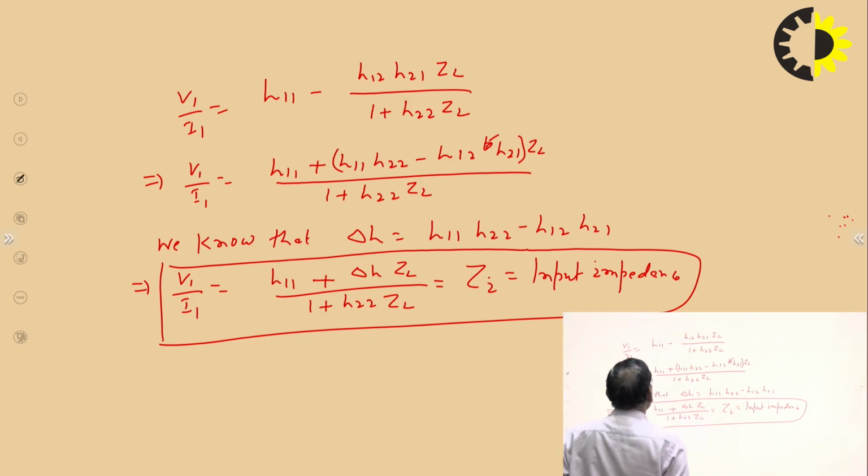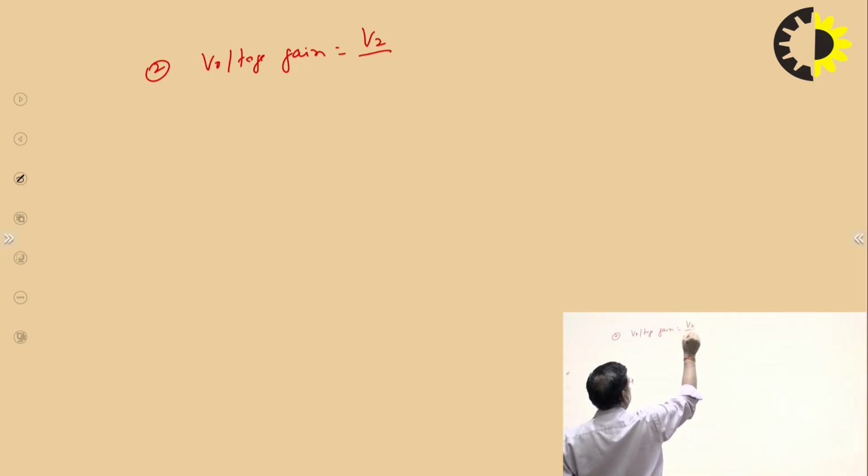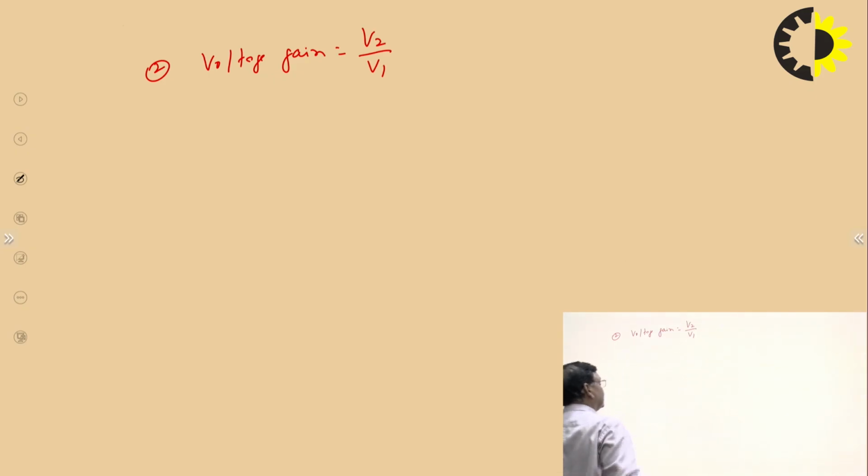Now come to the voltage gain. Second is your voltage gain. So voltage gain is equal to V2 upon V1. We have the expression for V2, which we just derived.